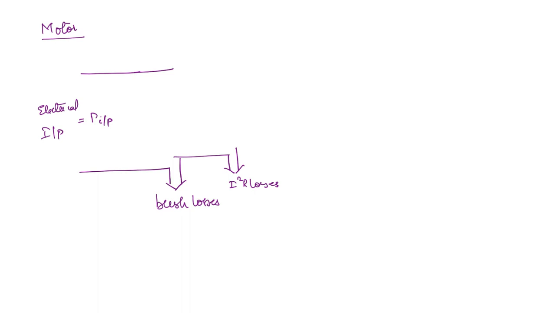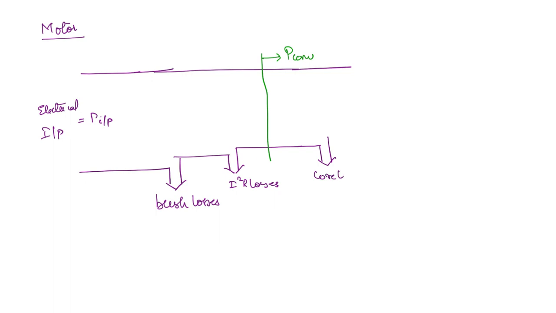So now after these losses are taken care of, whatever energy is left out will be converted into the mechanical form. So here this is the P converted. Now whatever is converted, the entire thing is not available. It will be used up first in the form of core losses and in the form of mechanical losses.